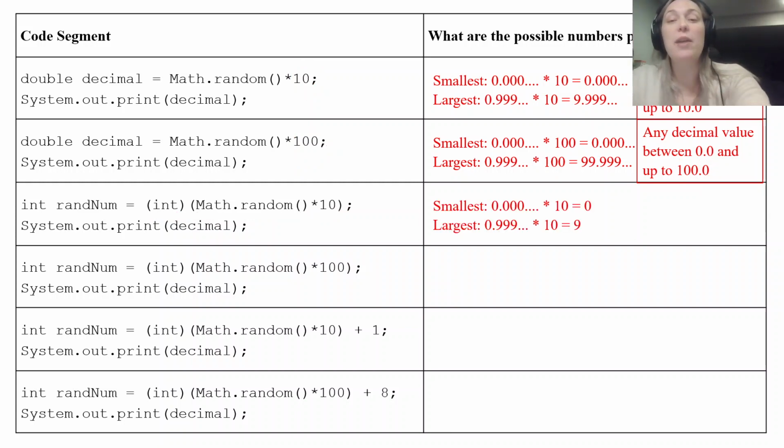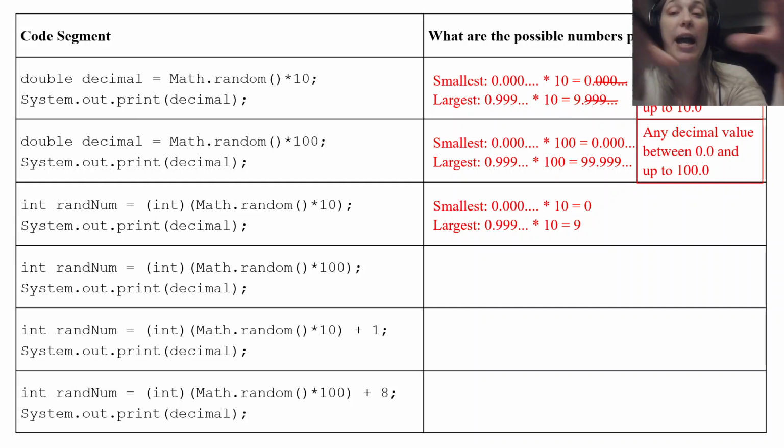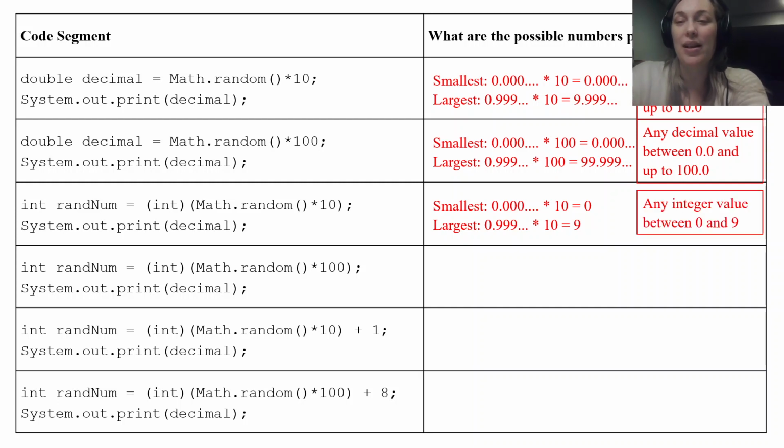Okay, so again, we get smallest times 10, largest times 10, but now we cut off the decimals because we are typecasting a double into an int, which truncates it. Okay, so we're chopping off the decimals. So that's why the smallest value is going to be a 0, and the largest value now is going to be a 9. Okay, so it's any integer value between 0 and 9.